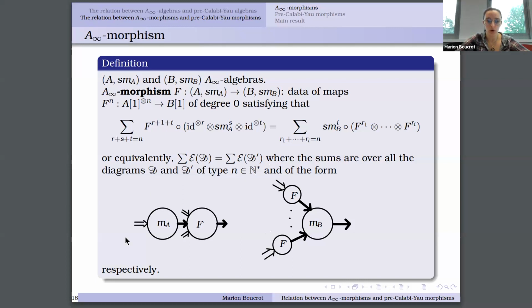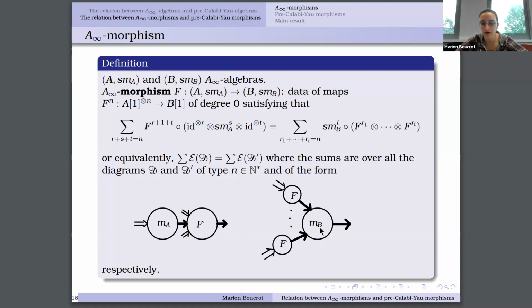So we want the sum of all those diagrams of a given type, let's say n, so if the number of incoming arrows here is n, to be equal to the sum of all the diagrams of the same type. So we also want the sum of all the incoming arrows here, so the size of the double arrow, to be n.